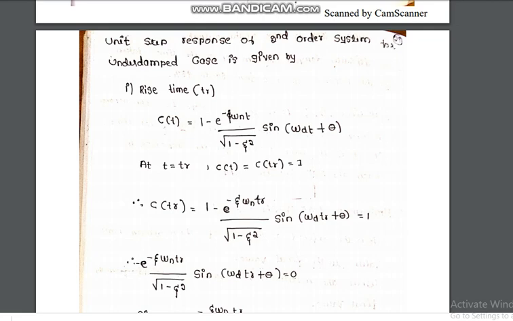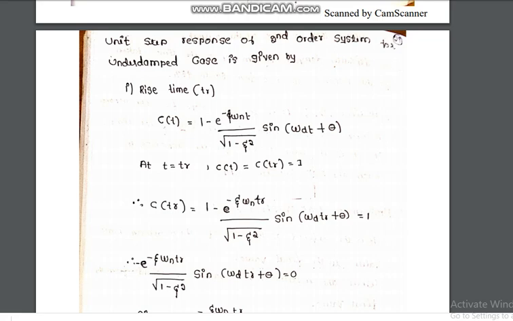So we have to change the notation from t to TR at rise time. At t equal to TR, C of t is C of TR, and it is equal to 1. From the time domain specification diagram, we can see that at rise time TR, the output will reach 100% of the final value, which we have taken as 1 there.